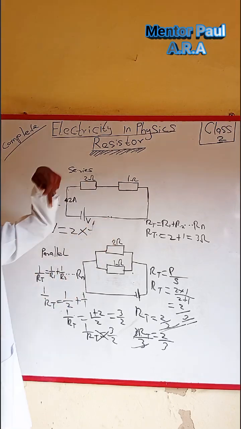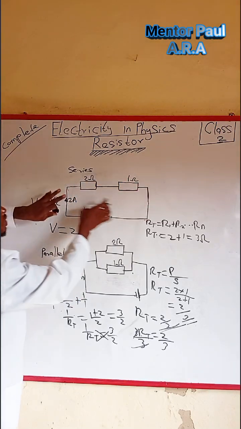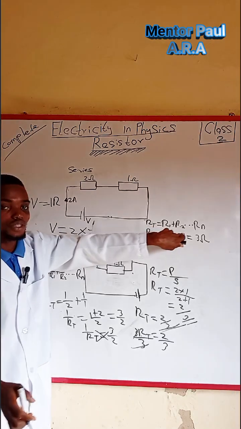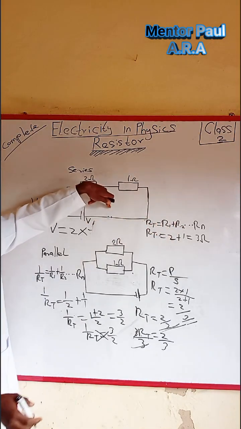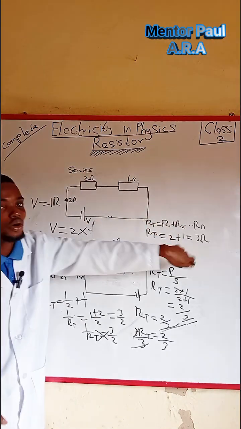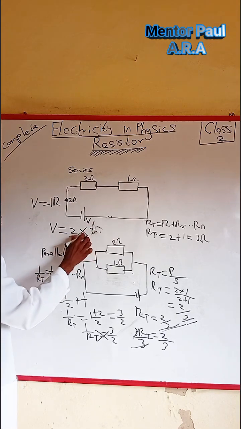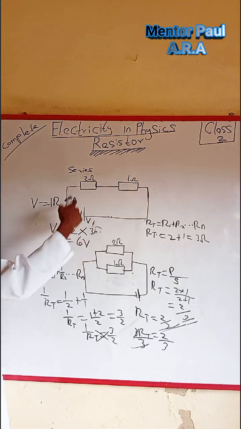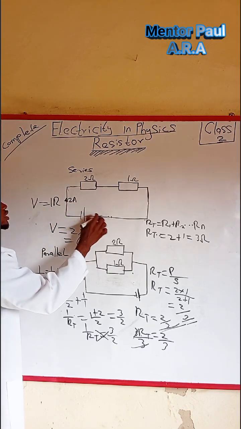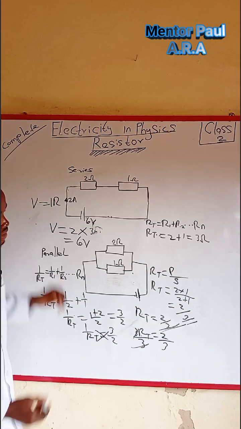I need to find the total resistor in this circuit, which is from the formula we have been given. For this one in series, we calculated it to be 3, so I'm going to use 3 ohms. All right. So 2 multiplied by 3 is going to give us 6 volts. So the voltage on this circuit is 6 volts. So that is it.